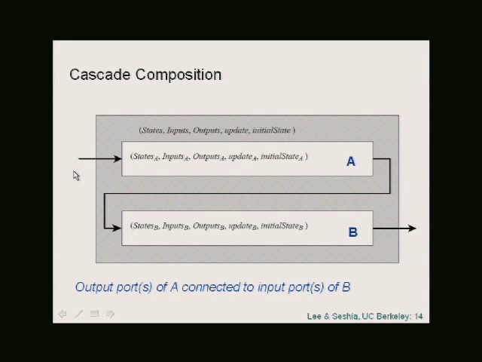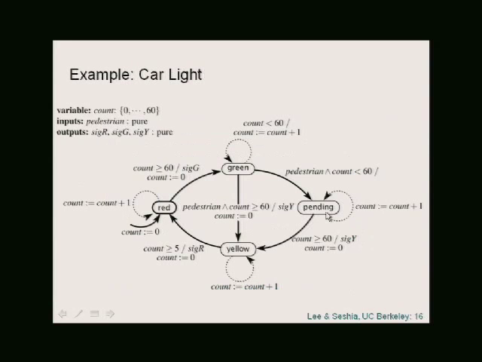Then we had this variable count, which essentially counted time. The implicit assumption was that a transition happens every 1 second. So this is a time-triggered model, and count is really keeping track of time in seconds.